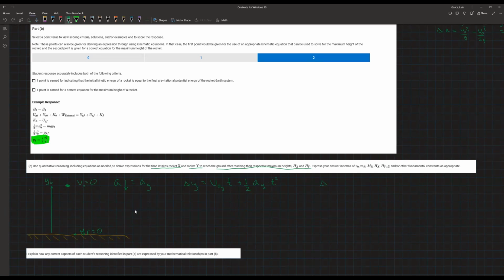If we look at this, delta y will be y final minus y original, which we can say is going to be 0 minus y original, where y original can either be hx or hy. We will make this substitution later. For now, I'm just going to say that the displacement here is just negative y original, the original vertical position of these rockets. Okay, so recognizing that these rockets are going to fall from their peak from rest.